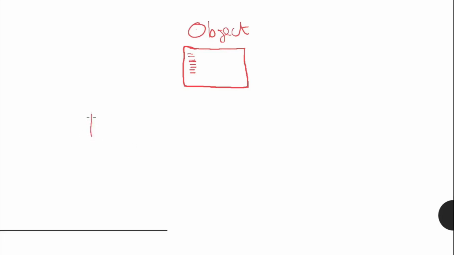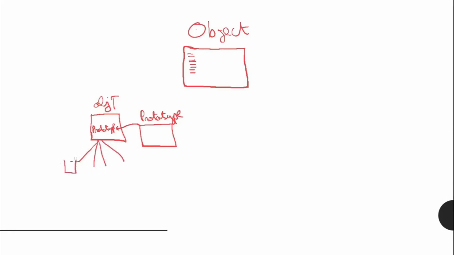So for each object type that is created, JavaScript automatically creates another object called prototype. This prototype object is just a property inside this object type and it is called prototype. This prototype object will hold all the code that shouldn't be copied each time you create a new object instance.